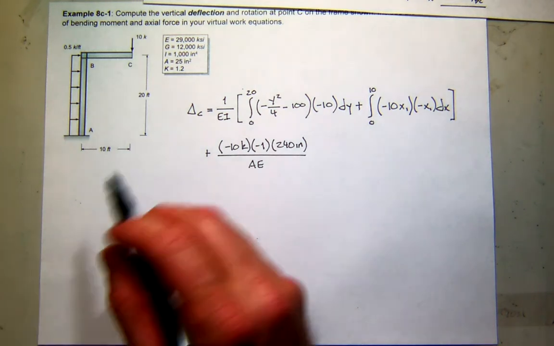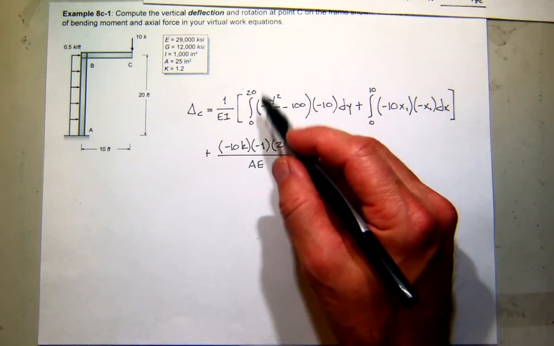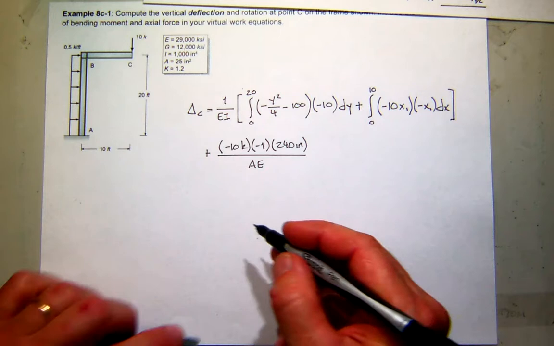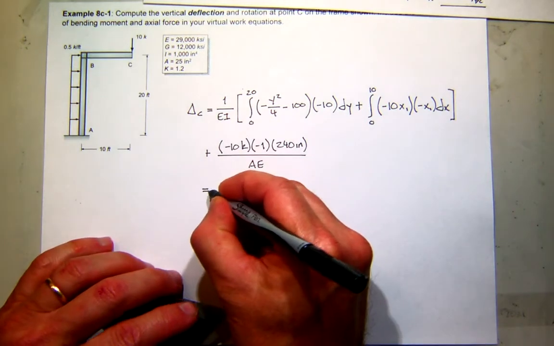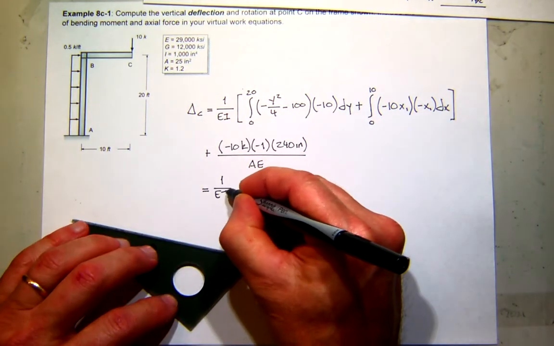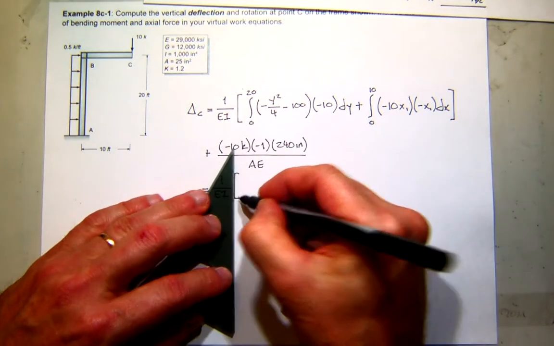We could sit here and slog through all this, but I think you can see this is not too bad. You could probably easily integrate that and evaluate it. Maybe we should. Maybe this is one we can do. There's not enough time to really start a new problem. So what is this?